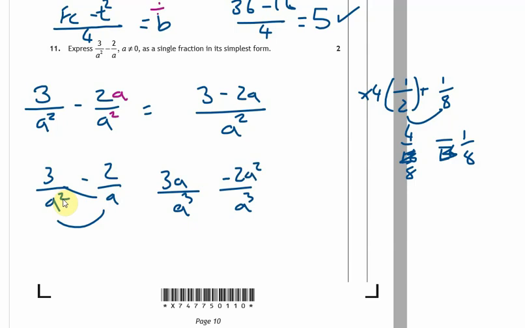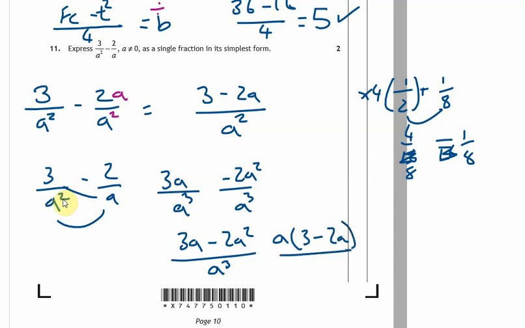Okay. So we can put them together: 3a minus 2a squared divided by a cubed. On the top, we can take a out as a common factor, so it's going to be a(3 minus 2a) divided by a cubed, and then all you're doing is taking away a, and you get the same answer.